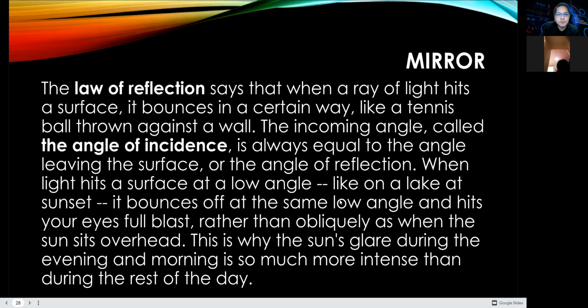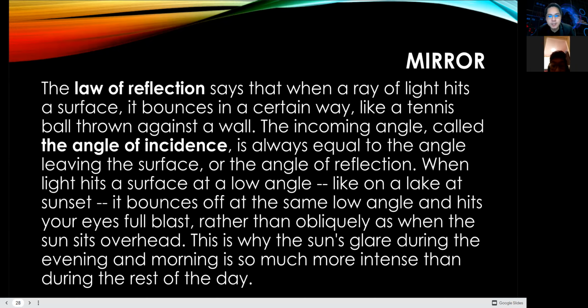Mirror. The law of reflection says that when a ray of light hits a surface, it bounces in a certain way, like a tennis ball thrown against the wall. The incoming angle is called the angle of incidence. The incoming angle at which light reflects or bounces is always equal to the angle leaving the surface, or the angle of reflection.